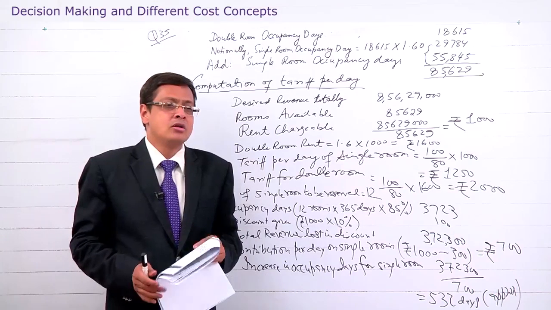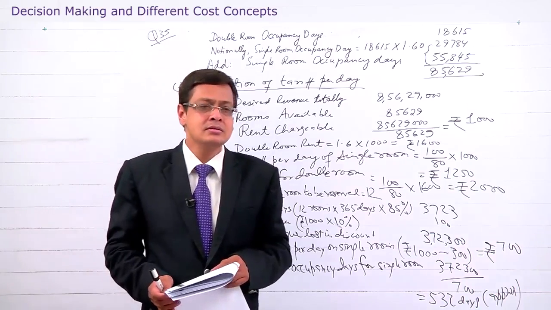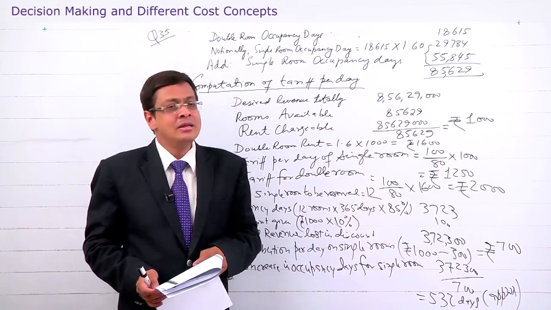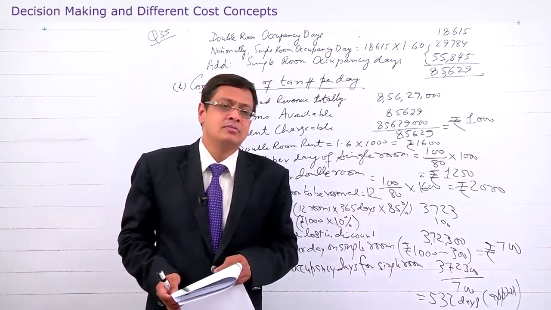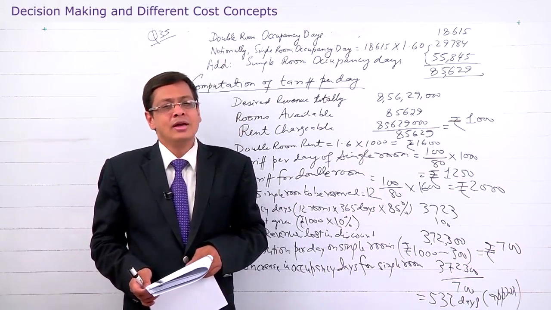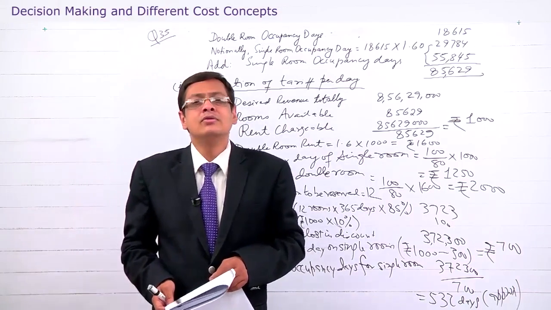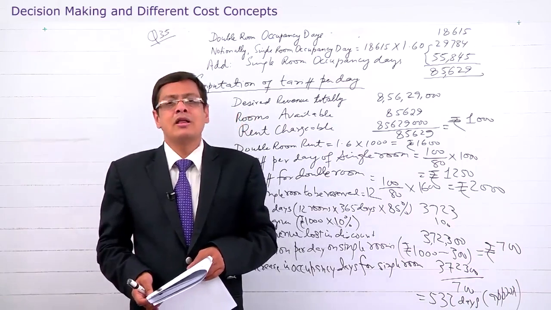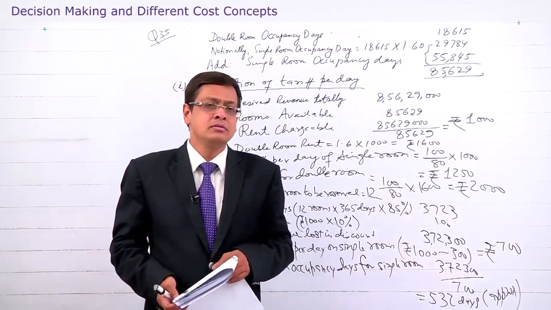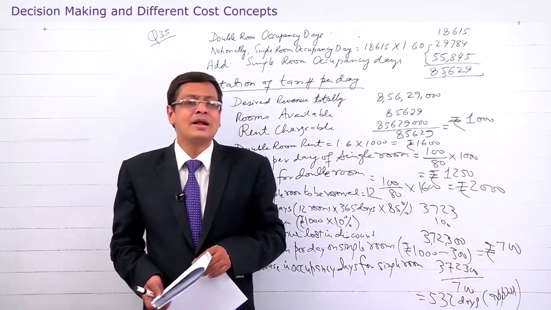I hope you have gone through a very good experience of doing the 20 decisions, decision 1 to 20. There can be many more decisions beyond it, but from examination purpose, based on the examination trend, we have covered almost all type of decisions which examiner can ask or has asked in the previous examination. I hope you must have found this learning useful. You have lot of questions given in the practice question.